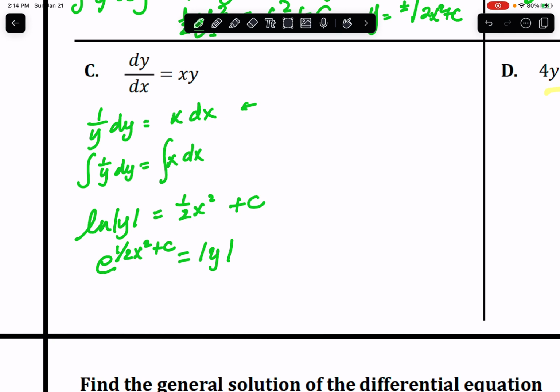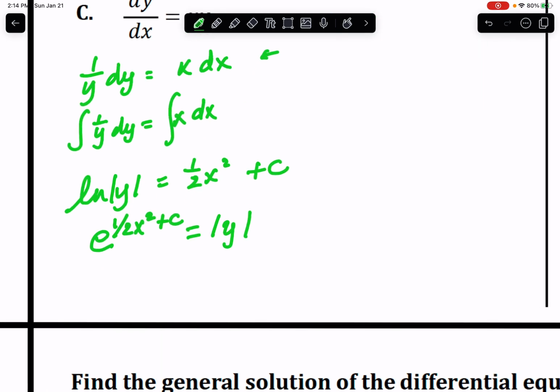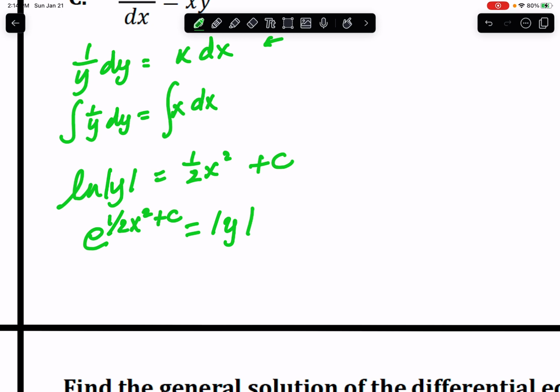Now what I'm going to do is important right here. It has to do with what I do with this plus c. First of all, am I going to get a positive number no matter what I do? And so the answer is yes, so I can drop the absolute value. So I'm going to rewrite this. y equals e to the 1/2 x squared times e to the c. You see how that's the same thing?